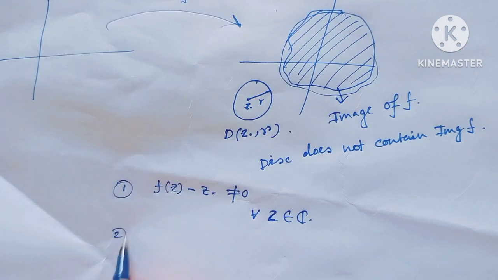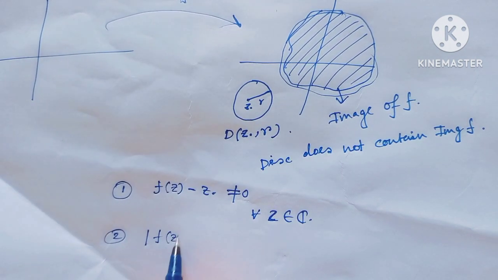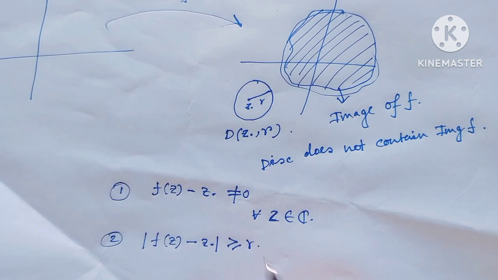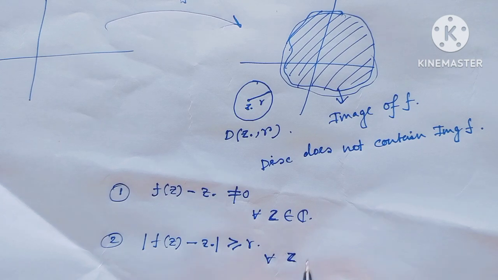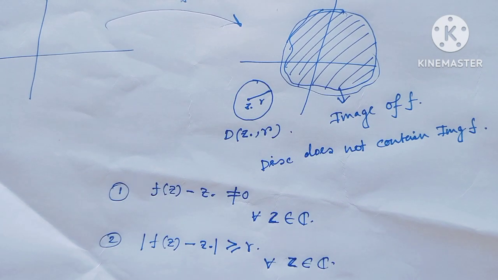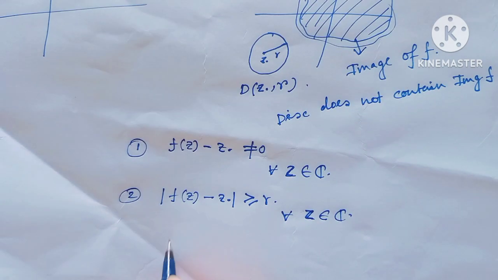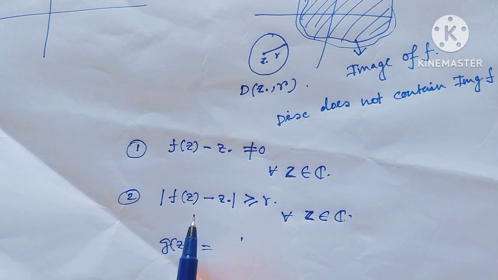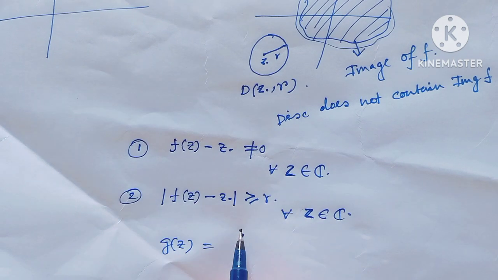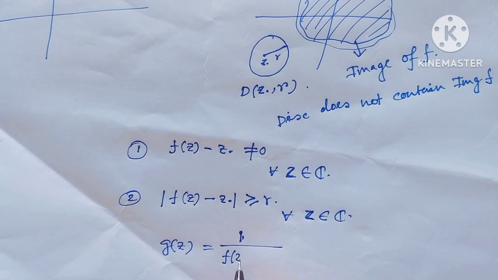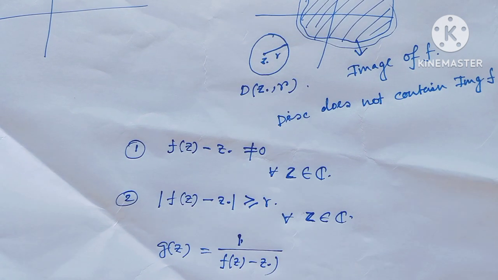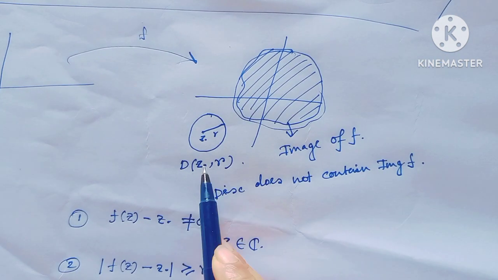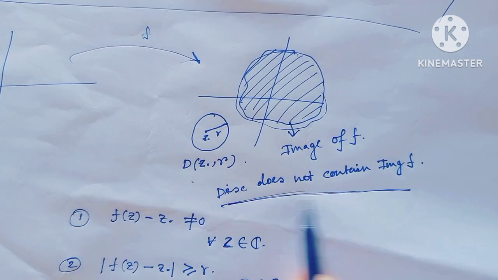Then, absolute value of f(z) minus z0 is greater than or equal to r, and this is true for all z belonging to the complex numbers. Then consider g(z) equal to 1 over f(z) minus z0, and here the denominator is greater than or equal to r because this disk does not contain the image of f.